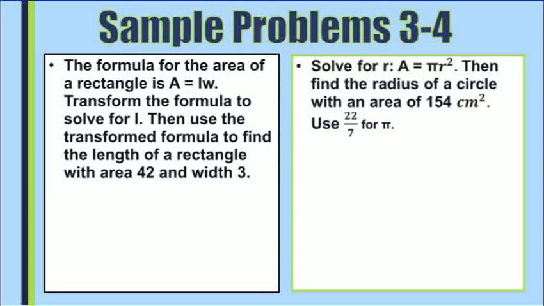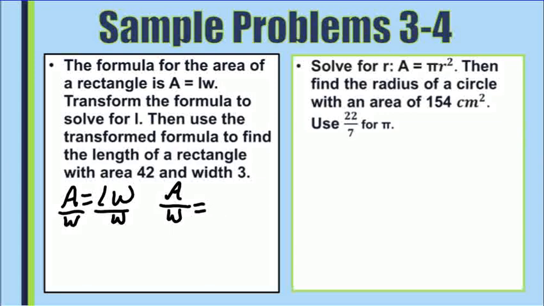Sample problem 3. The formula for the area of a rectangle is A equals length times width. Transform the formula to solve for the length. And then use the transform formula to find the length of a rectangle with area 42 and a width of 3. I start off with area equals length times width. To get the length by itself, I divide by the width on both sides, and I get area divided by the width equals the length.